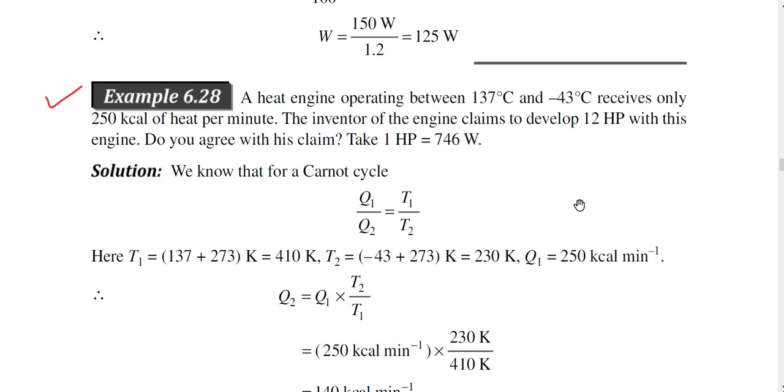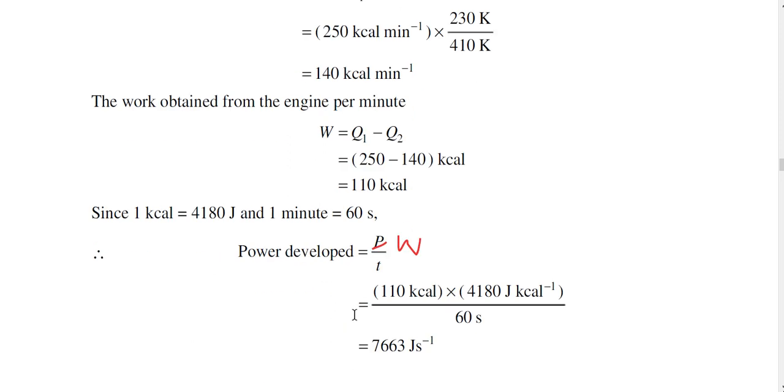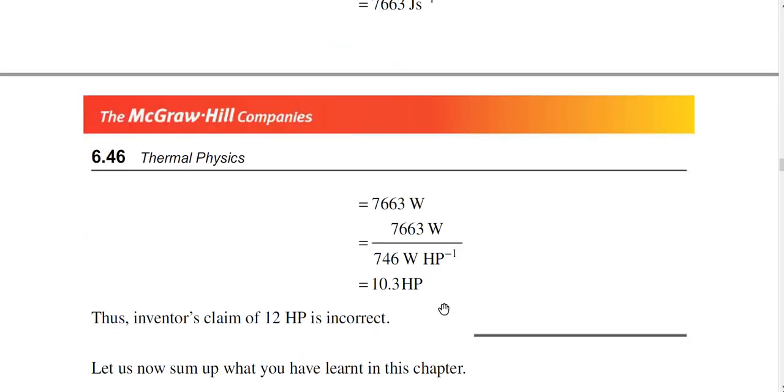As per the second law of thermodynamics, it is not possible, because for a Carnot engine, the maximum power that can be developed is 10.3. So the power of the engine can never be 12 horsepower, so his claim is incorrect.